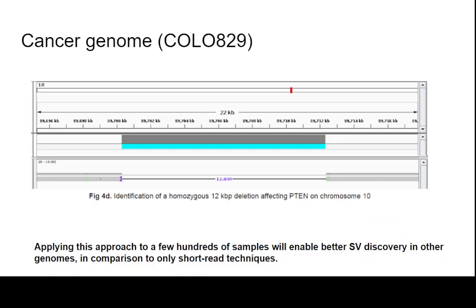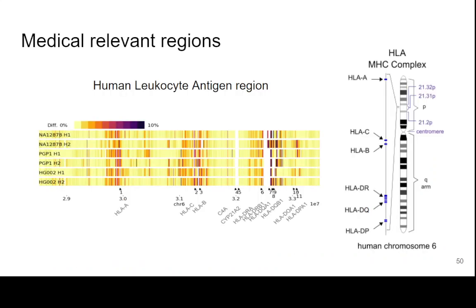Then we also looked into this PTEN deletion, which is about 12 kilobase pairs, which is typically missed in the short read based calls, but we can find it using these long reads. And then we looked at some clinically relevant regions, for example HLA. HLA is a highly divergent region.